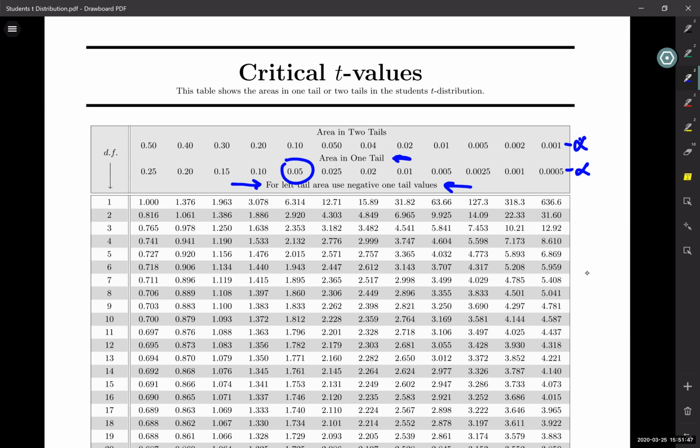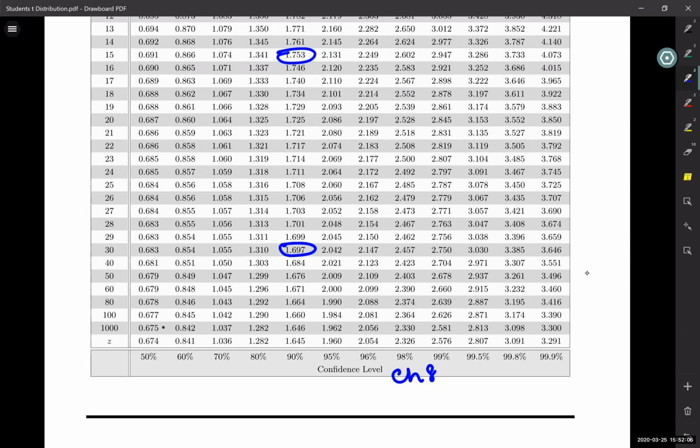Those numbers that are listed are alphas for 1 tail and for 2 tails. And so 0.05 is what we're using. We have a degrees of freedom of 15, and so our critical value is going to be 1.753.